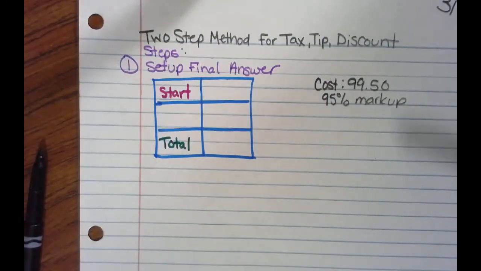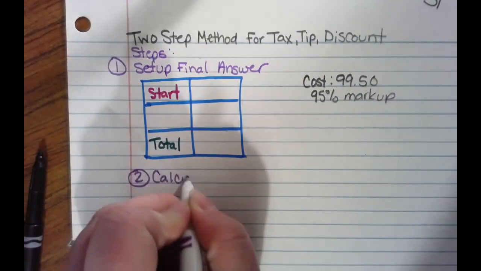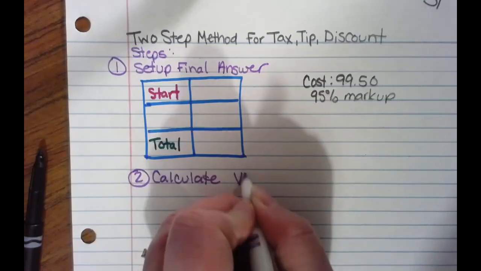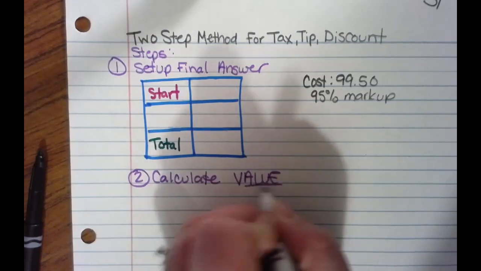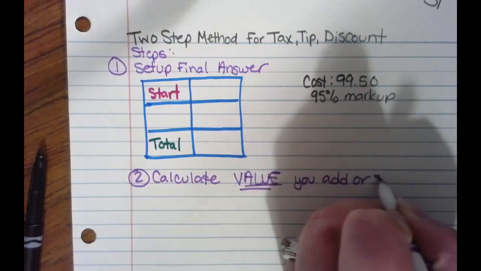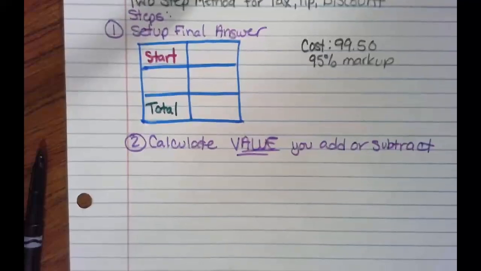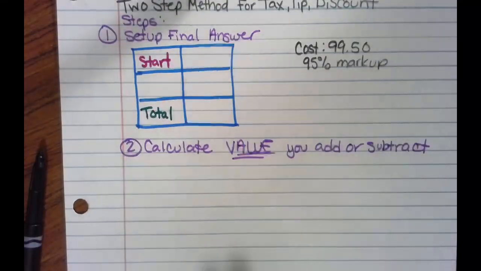Now what you're going to do is calculate the value that you add or subtract. So again, in our one-step method, we were calculating what percent we were adding and subtracting the percents.